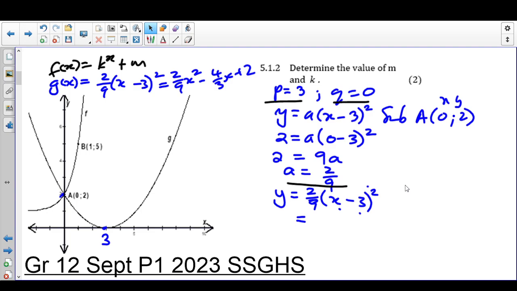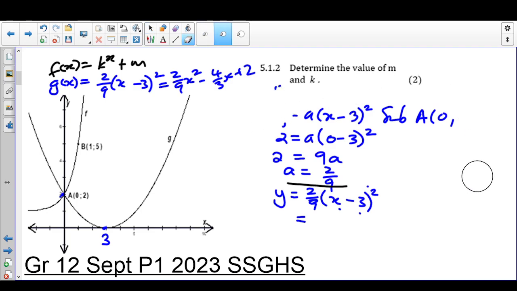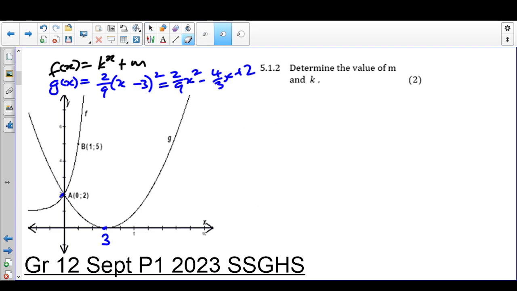Let's look at 5.1.2. Question 5.1.2, we are told determine the value of m and k. As you can see, m and k belong to the f of x graph, which is your exponential graph there.